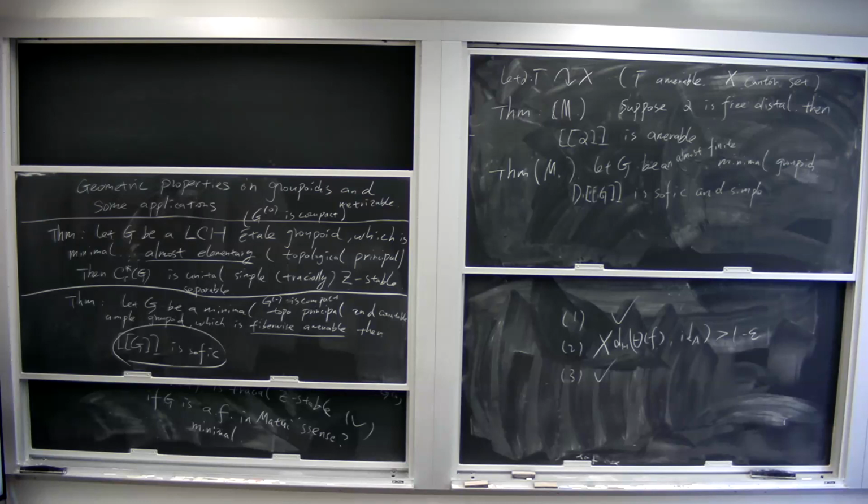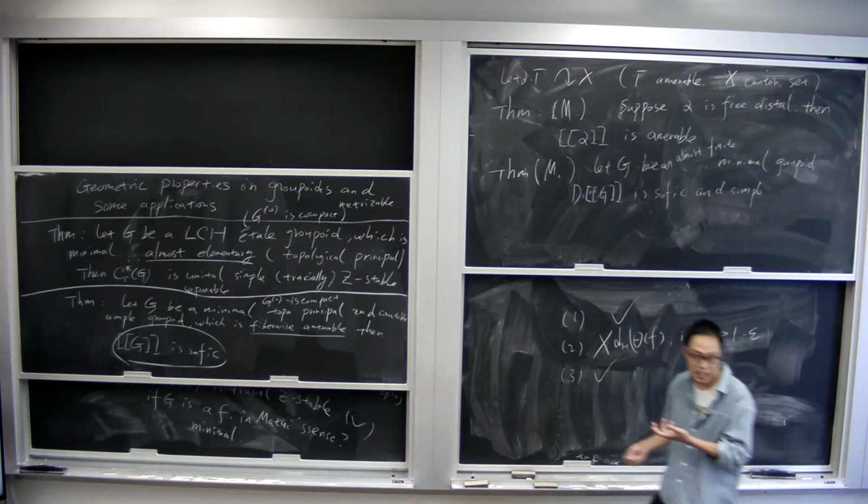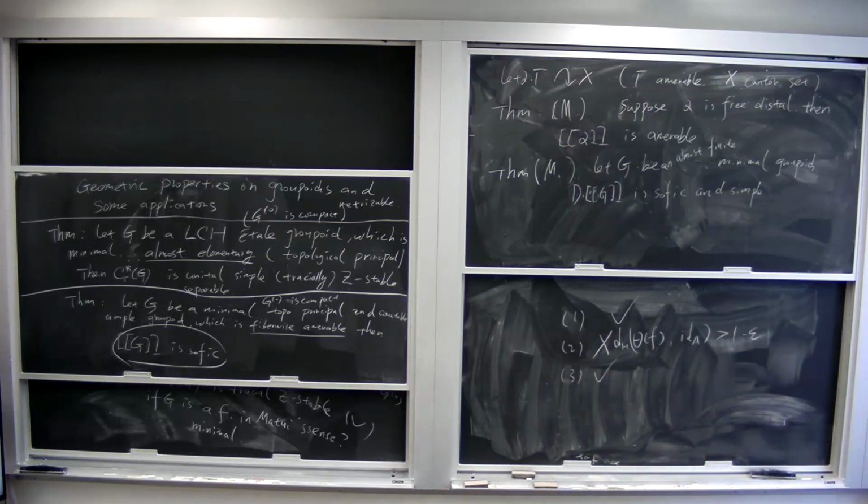Then what should we do? What we do is consider the product of this. Because we are considering the action of the minimal group, and of course here we need the action to be minimal, that means for any clopen set, the Banach density of that set is positive.